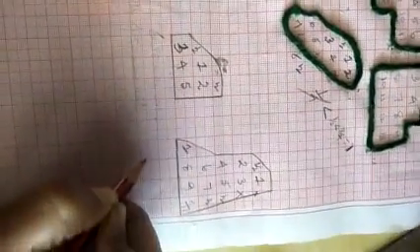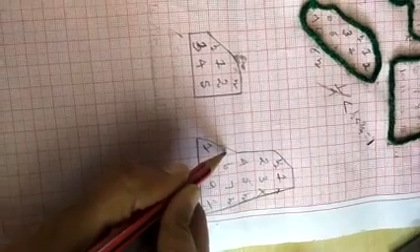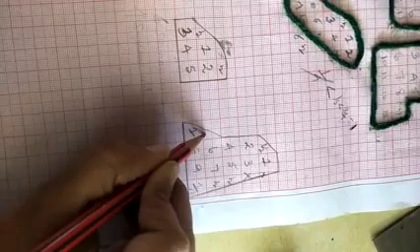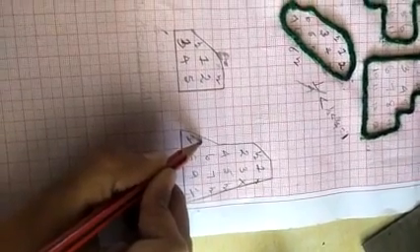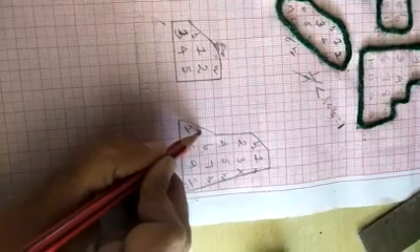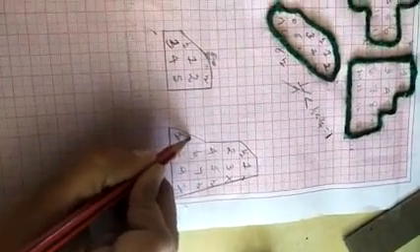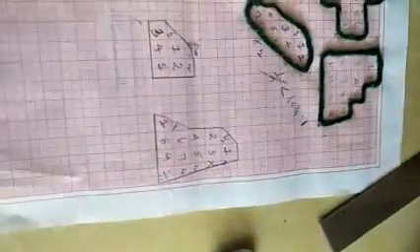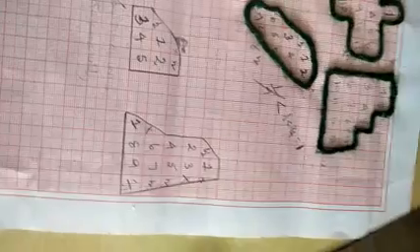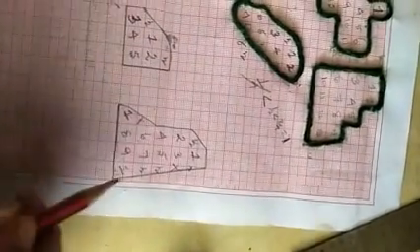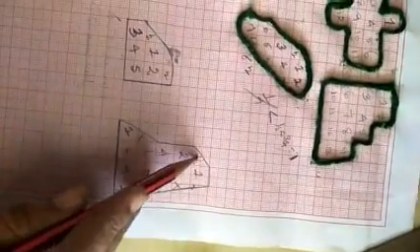The remaining portion here has a very small region covered, so this is less than half, I neglect it. Now children, how many full squares are there? 9. How many half squares are there? 1, 2, 3.